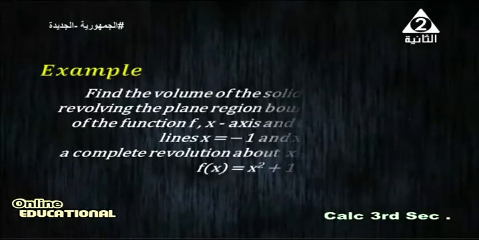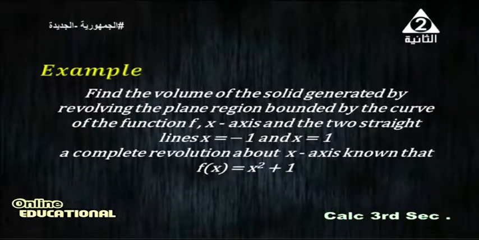Example: find the volume of the solid generated by revolving the plane region bounded by the curve of the function f, the x-axis, and the two straight lines x equals -1 and x equals 1, a complete revolution about the x-axis, knowing that the function f of x equals x to the power 2 plus 1.